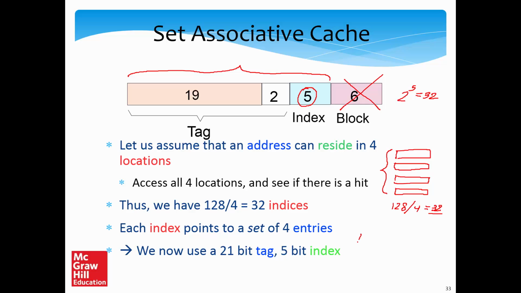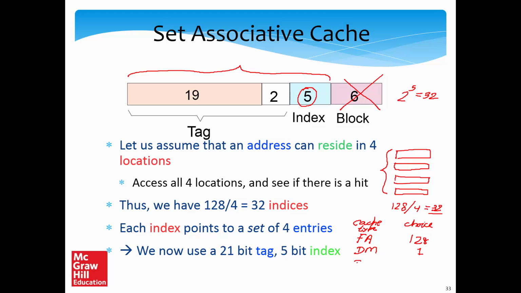So in a fully associative cache, our choice was, okay, let's talk about the cache type. In a fully associative cache, we had a choice of 128 entries. So a block could be there anywhere. In a direct mapped cache, we had a choice of only one entry.